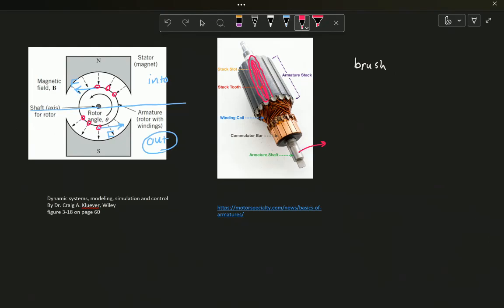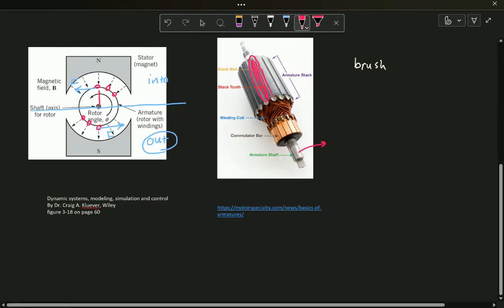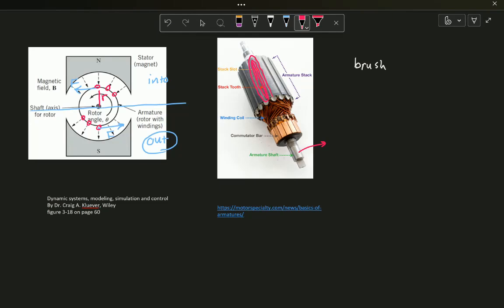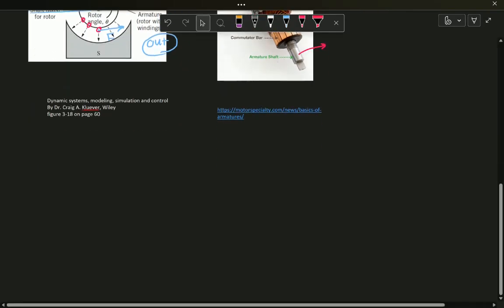Great. Now imagine that you have the arm or the radius of this rotor, or the armature, as R. Then for each of these wires, your torque would be R cross F, if you remember.